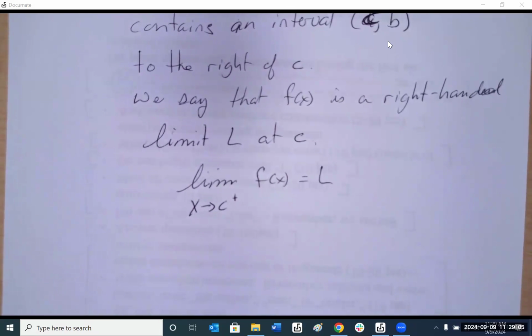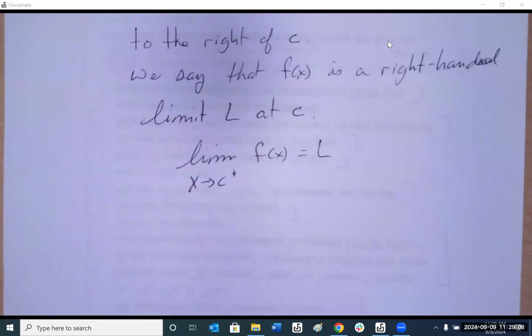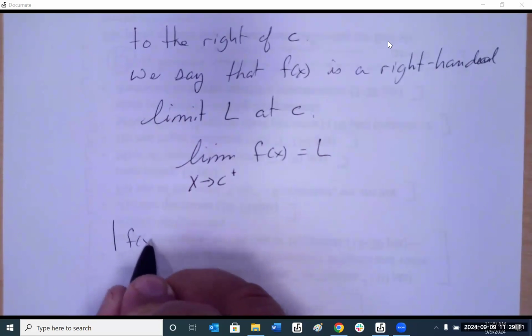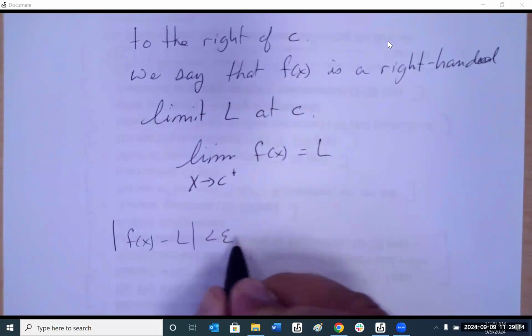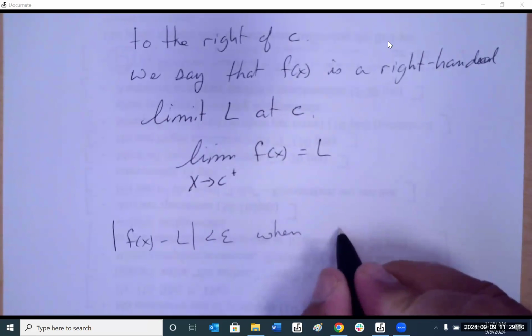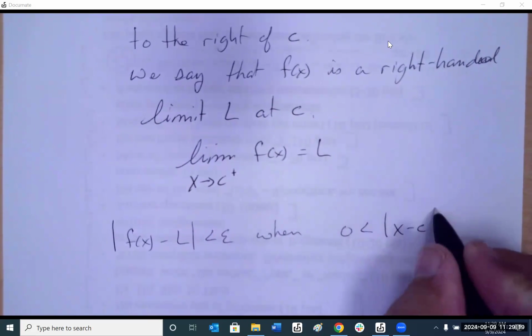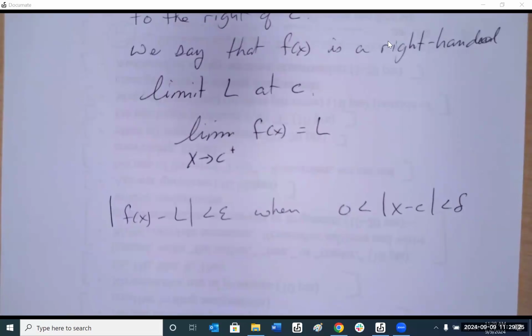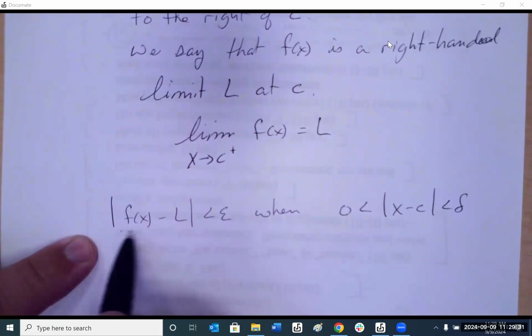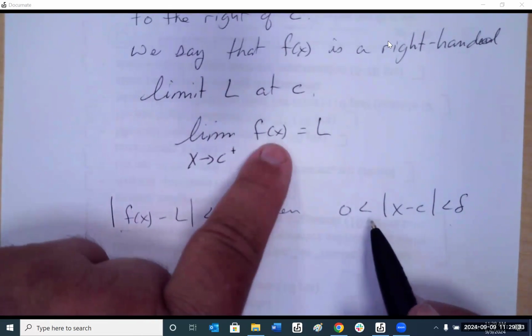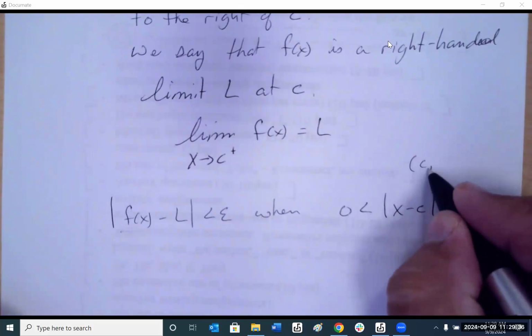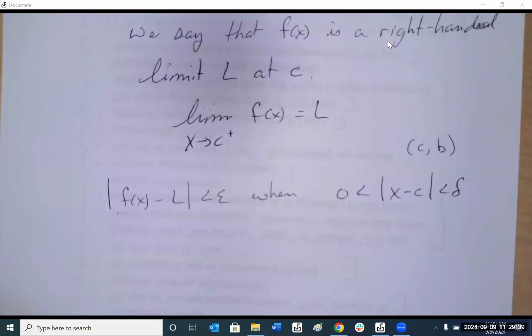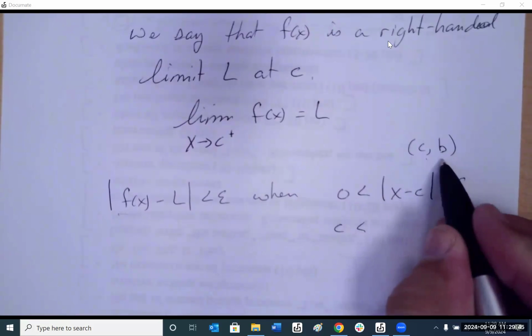We have to look at the epsilon delta proof. Remember, the epsilon delta proof was: the absolute value of f of x minus L is less than epsilon whenever x minus C is less than delta. So this is true. Except now at this end, since we're only on the interval CB, we have to be between there.